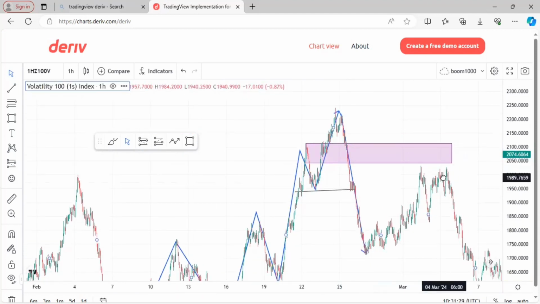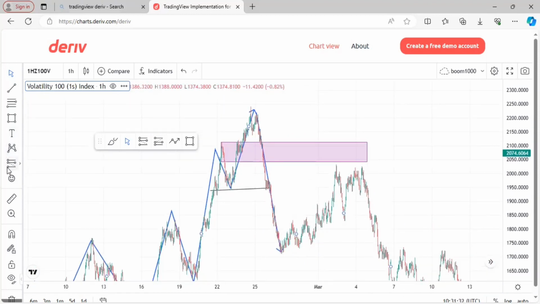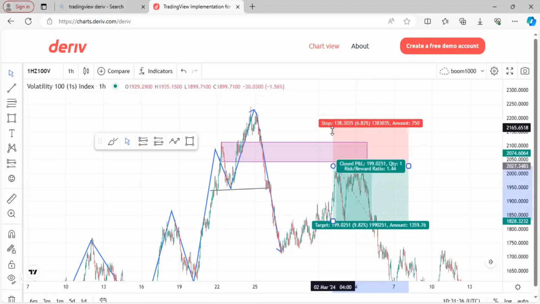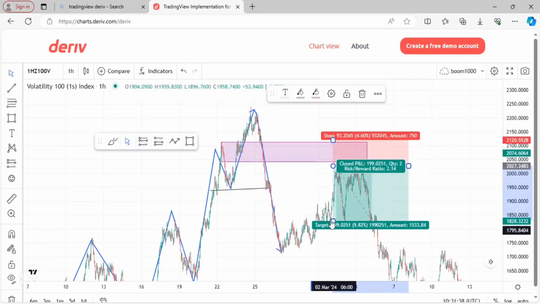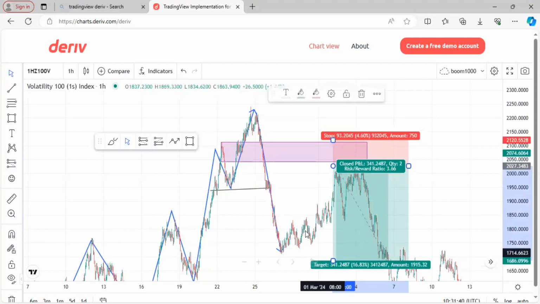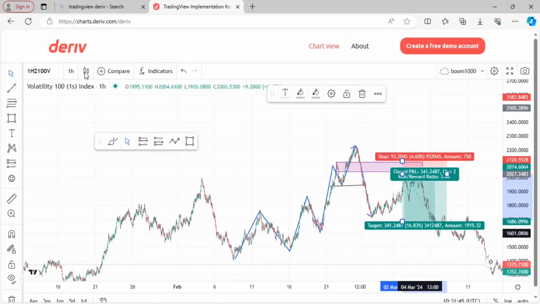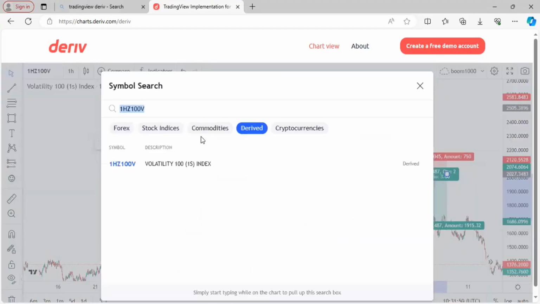And as you can see, market came. The moment it comes, enter your sell entry here, then stop loss here, TP down here. You can see market selling beautifully. Let's look at another example from a different asset and see how it goes.